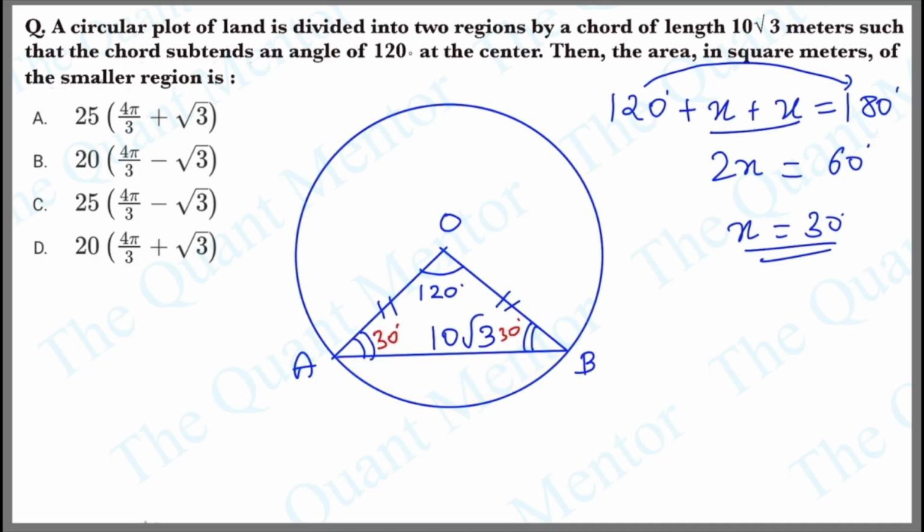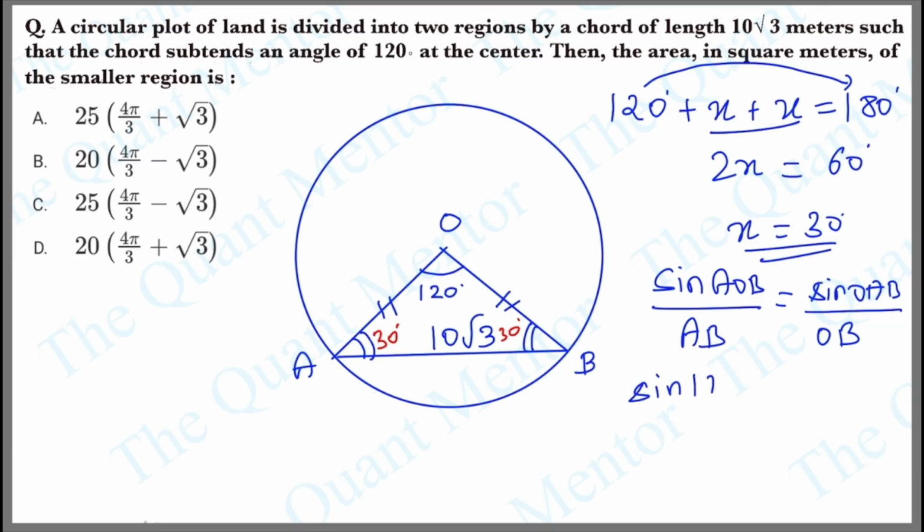Now in triangle OAB, we can apply the sine rule. We can say that sine of angle AOB upon AB will be equal to sine of angle OAB upon OB. Sine of angle AOB will be sine of 120 degrees upon AB, which has been given as 10 root 3, is equal to sine of angle OAB, which will be sine 30, divided by OB.